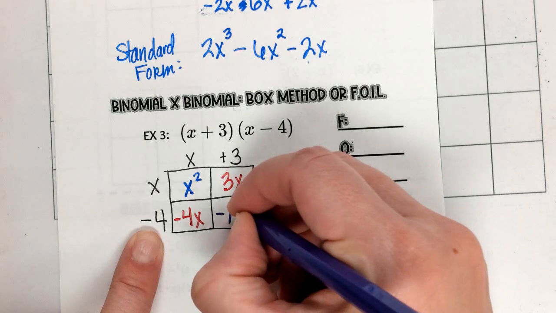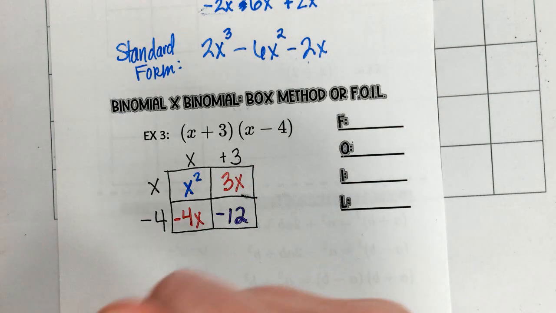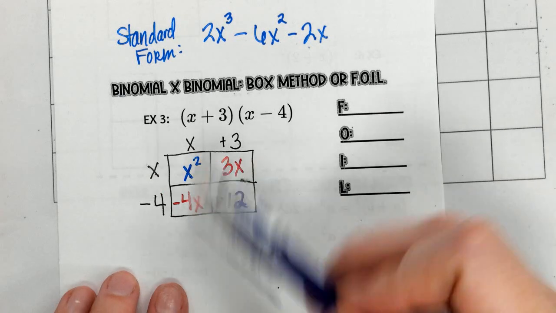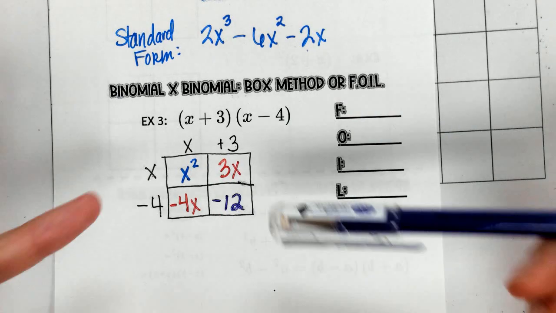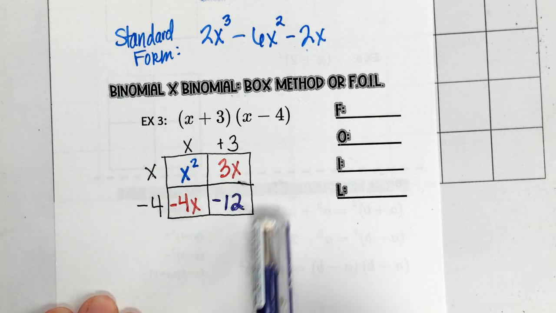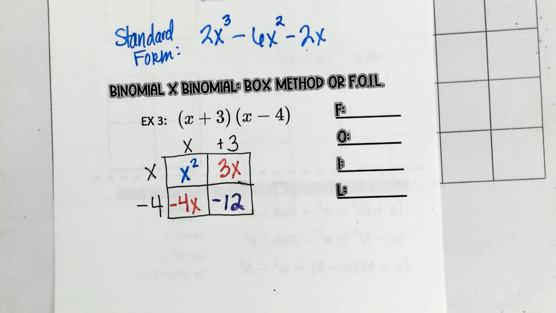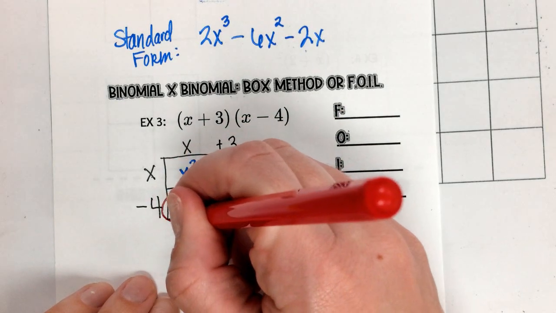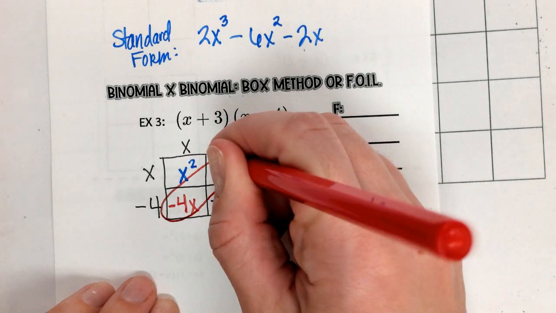Okay, now I color-coded these for a reason, because now that you fill in the box, your answer is the polynomial that you get when you string all these terms together. However, these are in red. Why are these both in red, do you think? You can actually add them together.